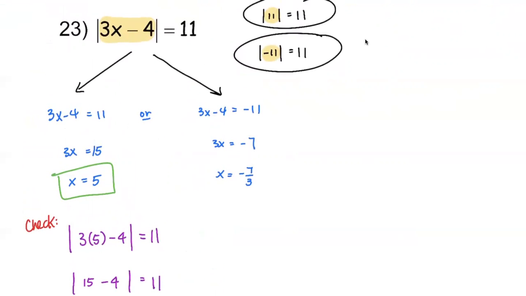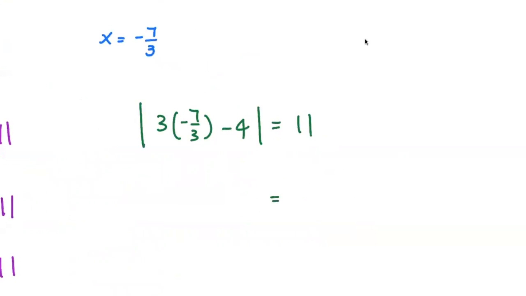Now, what about the one on the right hand side, the negative one? Well, let's go ahead and test it out. And we say the absolute value of 3 times negative 7 over 3 minus 4 is equal to 11. And then we have, well, 3 and 3 will cancel each other out.